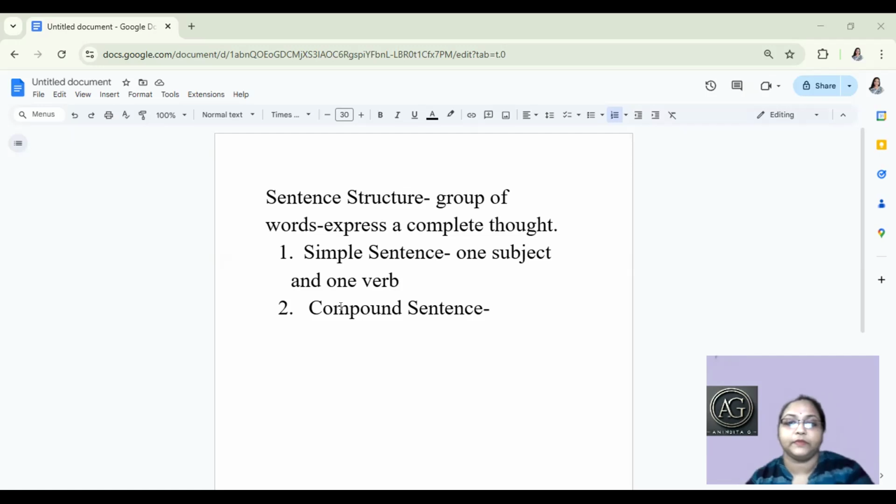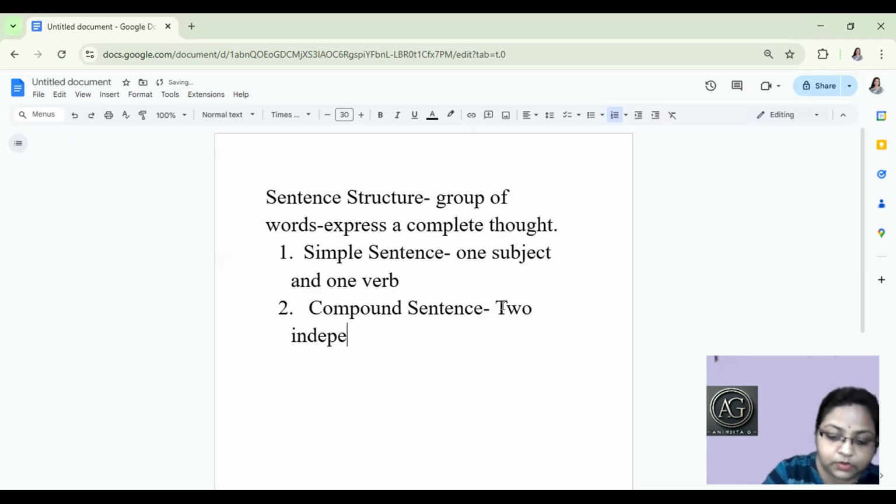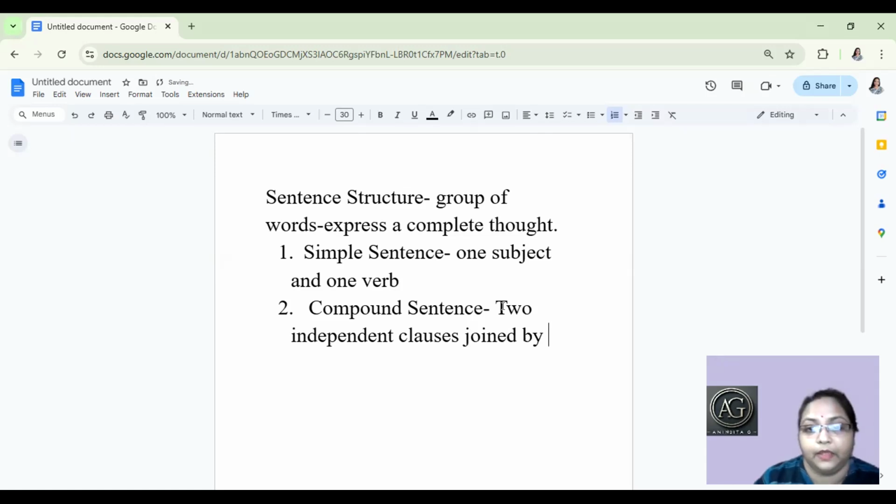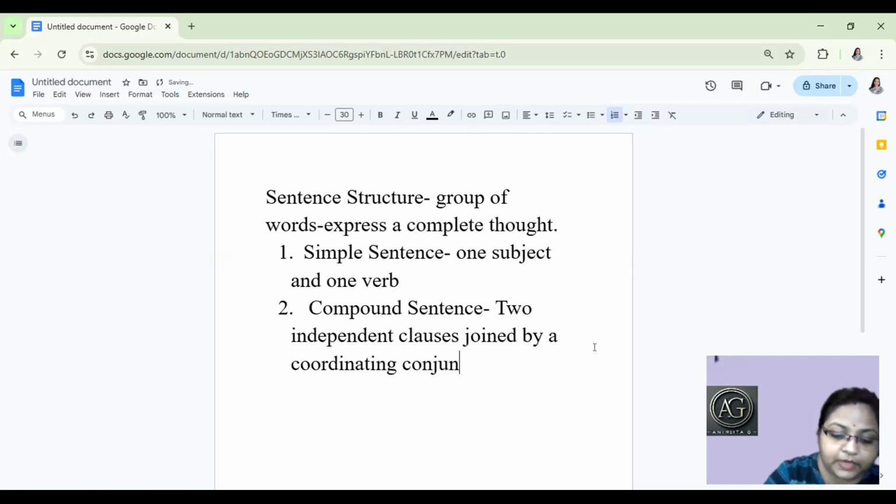Let me write down: two independent clauses joined by a coordinating conjunction. If I write down one example, maybe that will be helpful.